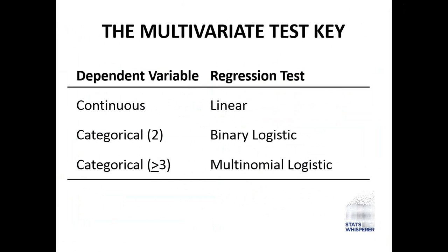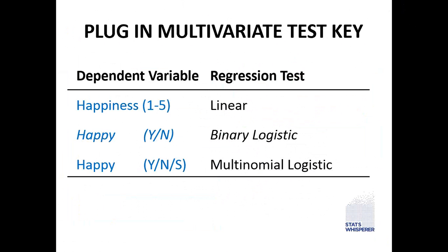So if we look at our multivariate test key, we see if we have a categorical variable with 2 categories, in other words, dichotomous, we use binary logistic regression. And if we plug in our dependent variable, see it's italicized there, we have happy, yes, no, and binary logistic regression.